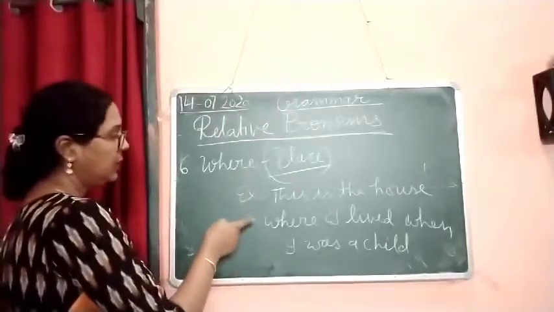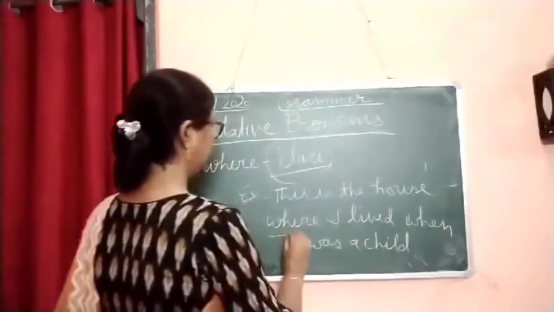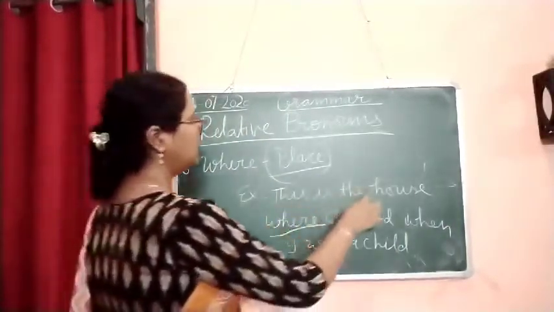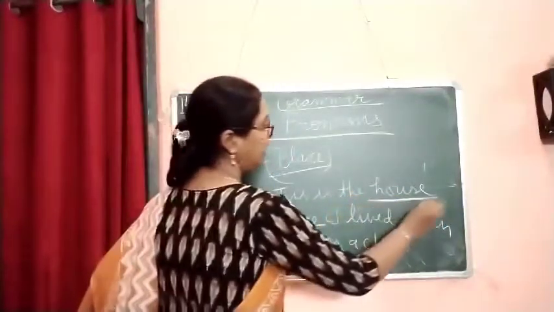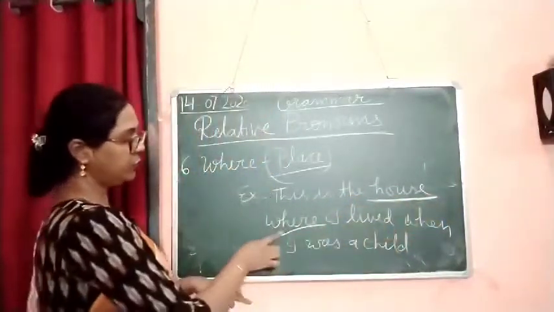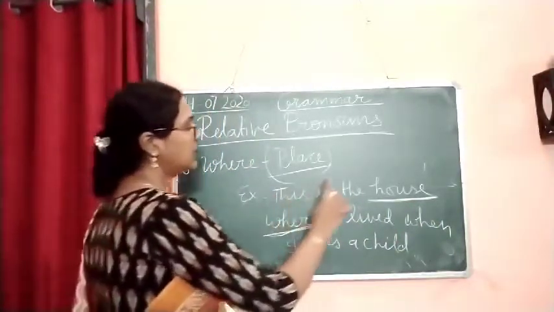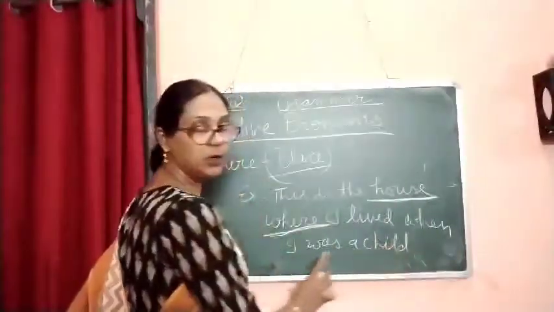Now here you can see where is used to show the place. So here this is a place and we are showing it with the help of where. So this is the house where I lived when I was a child.